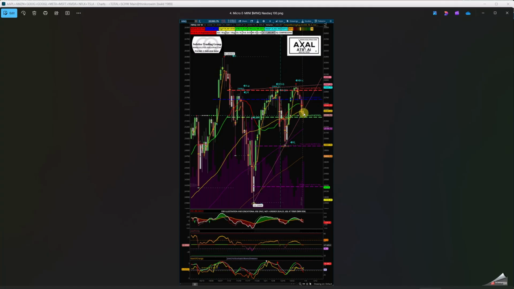We are underneath the 50 simple moving average and the 18 on the Nasdaq due to the sectors. The Magnificent Seven, I do include Netflix in there. The Magnificent Seven is Apple, Amazon, Meta, Microsoft, Google, NVDA, as well as Tesla, and I have included Netflix in there.